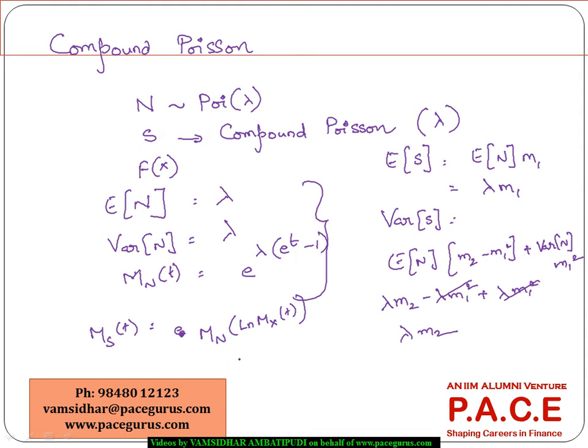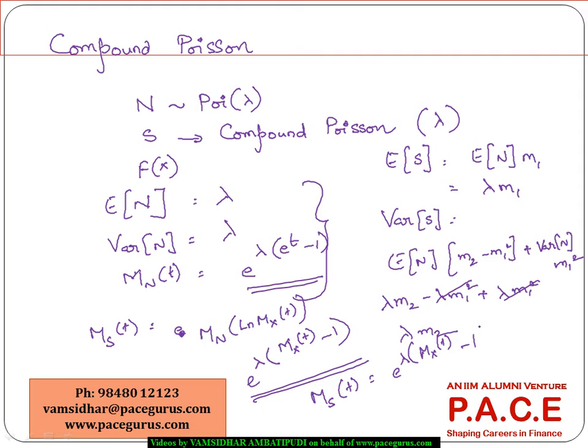Now, N's moment generating function is e to the power of lambda times (e to the power of t minus 1). With t replaced by log M_X of t, e to the power of log M_X of t becomes M_X of t. So this becomes the moment generating function of S: M_S of t is e to the power of lambda times (M_X of t minus 1).